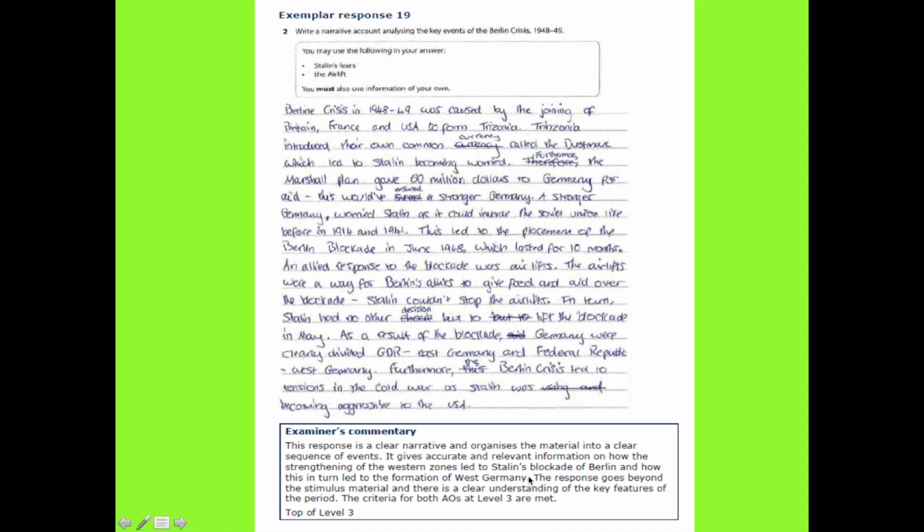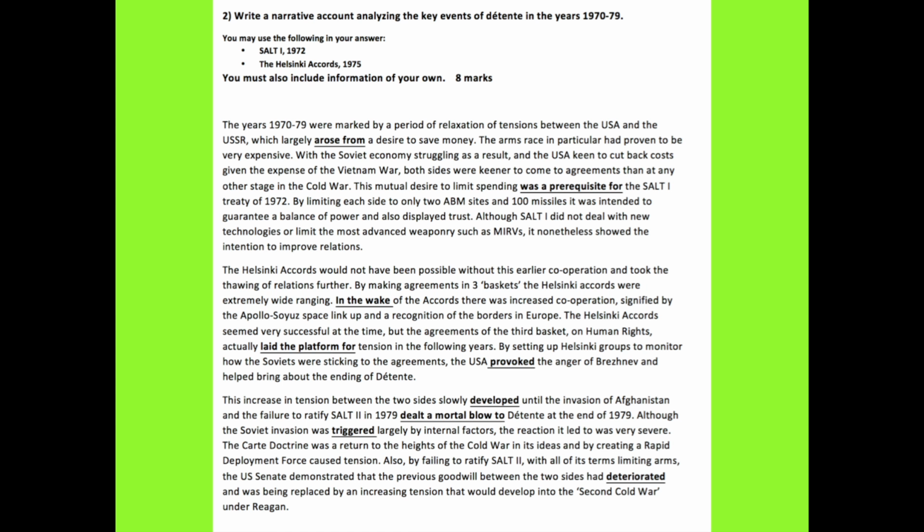It's good subject-specific knowledge. The response goes beyond the stimulus material, so they have access to level 3, and there is a clear understanding of the key features of the period. Fantastic. Quantitatively quite short, but qualitatively does exactly what's necessary because it homes in on the mark scheme.